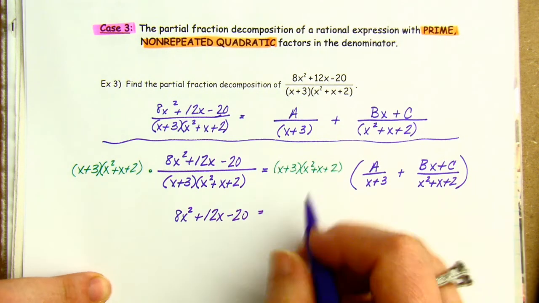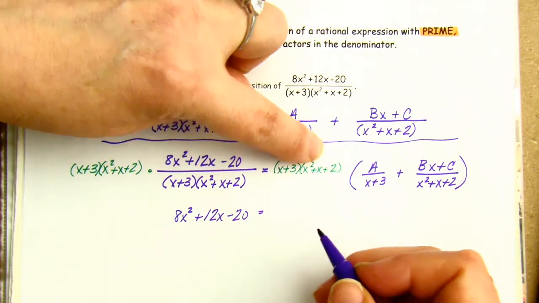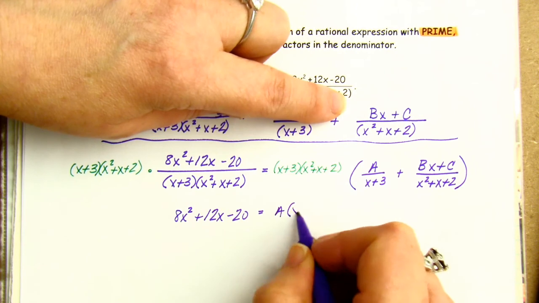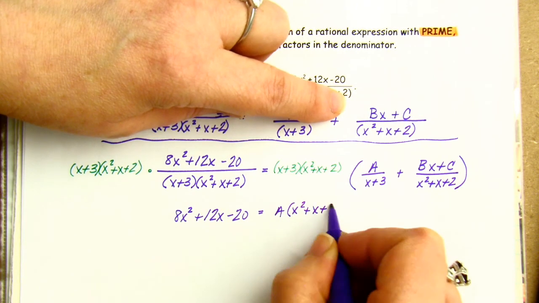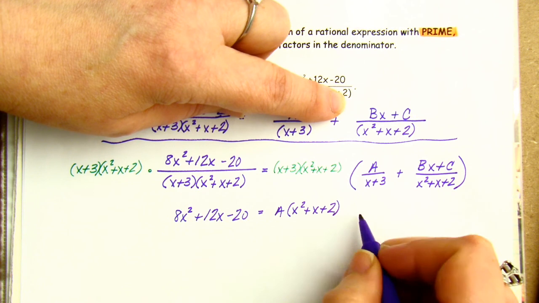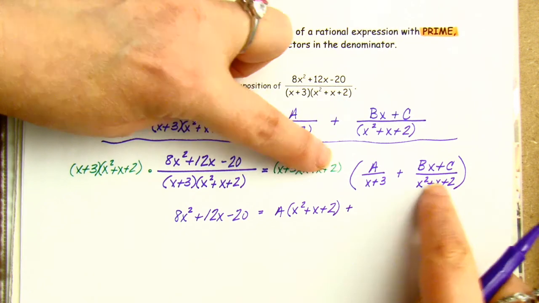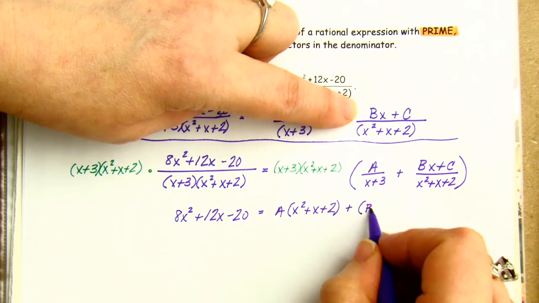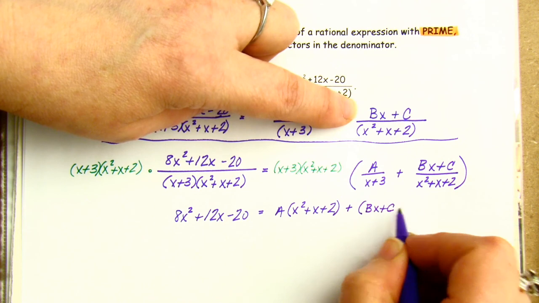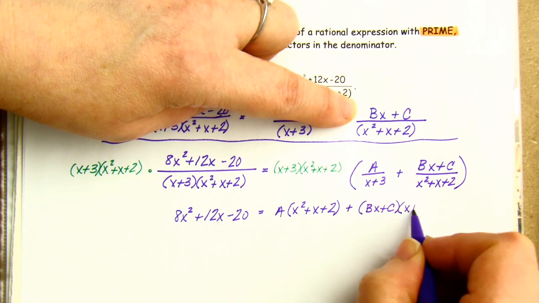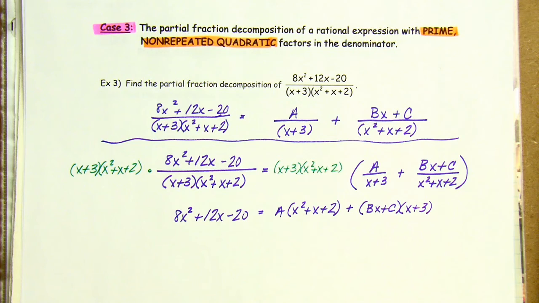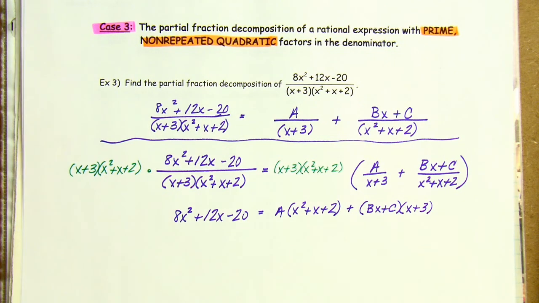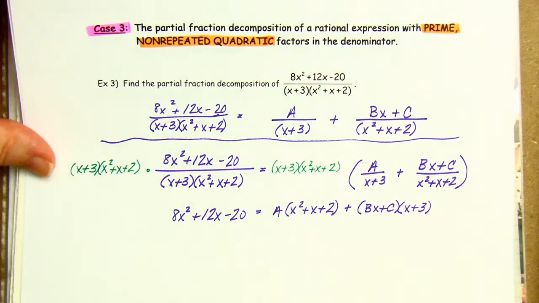Distribute. I'm going to have A times the trinomial plus, the trinomial is going to divide out. I have bx plus c multiplied with x plus 3. I have to clean up the right side.